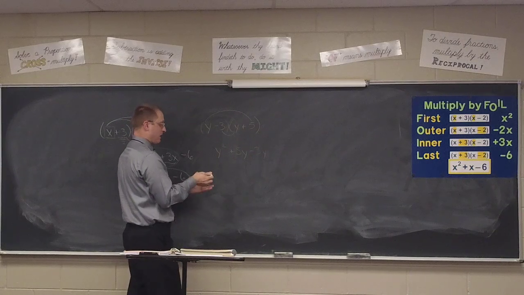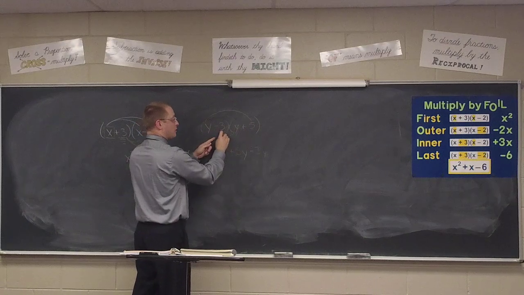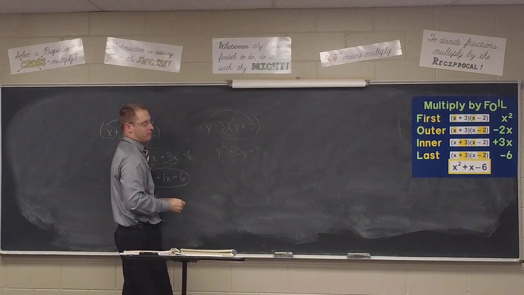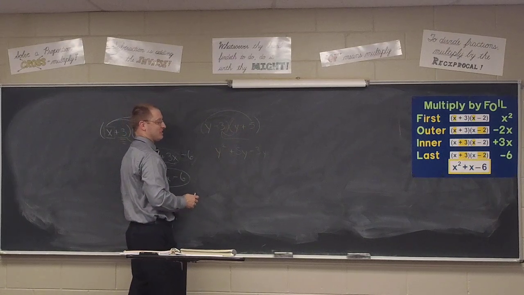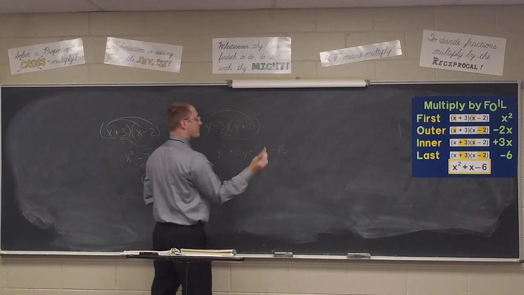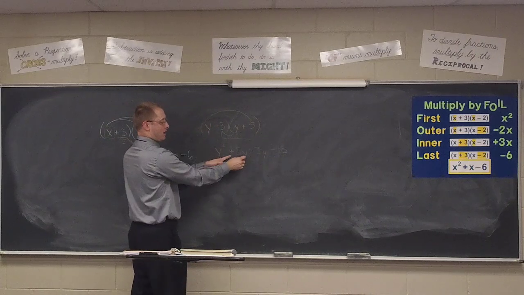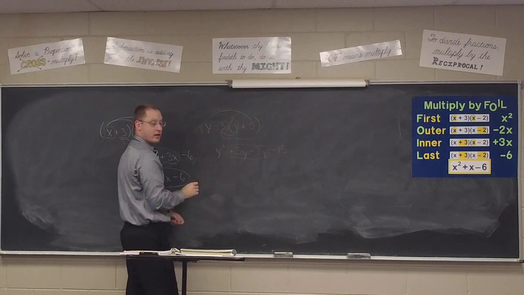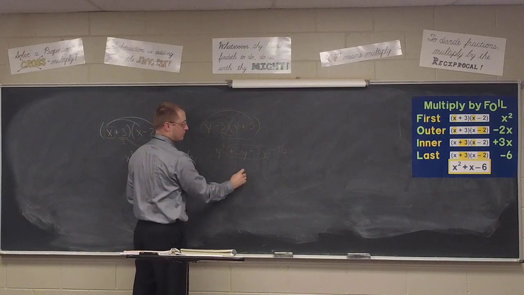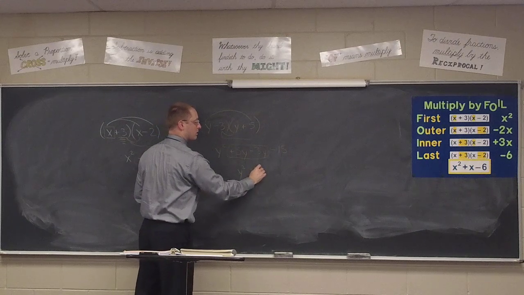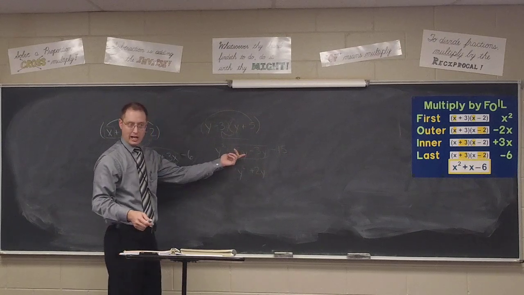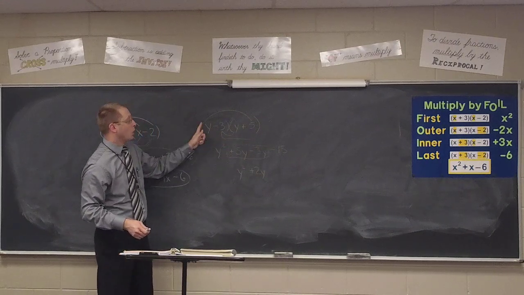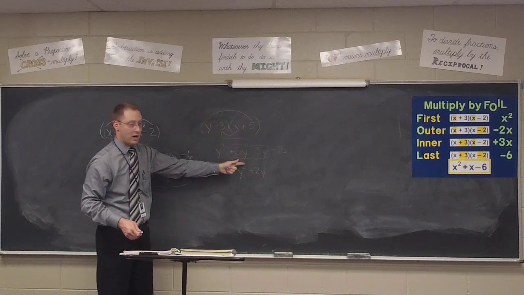And then finally I've got to multiply the last in each of the binomials. That's these two. Sign number, don't worry about letter, negative 15. And then finally, the outer product, the 5y, and the inner product, the negative 3y, can combine together to give us positive 2y. We're just combining like terms.